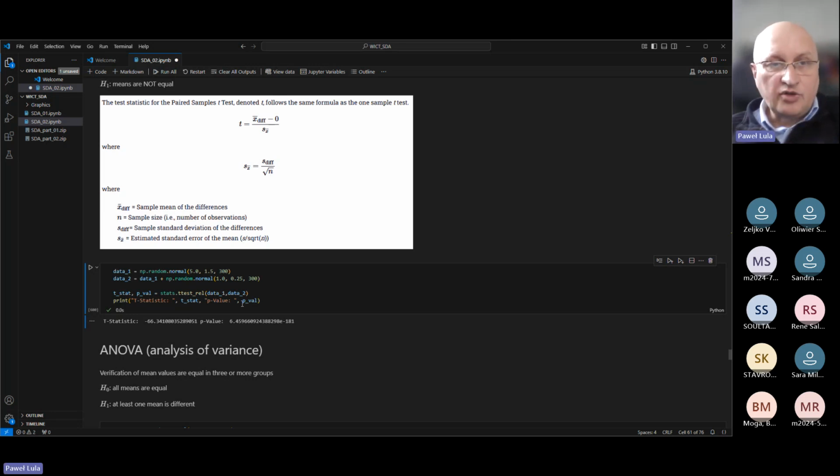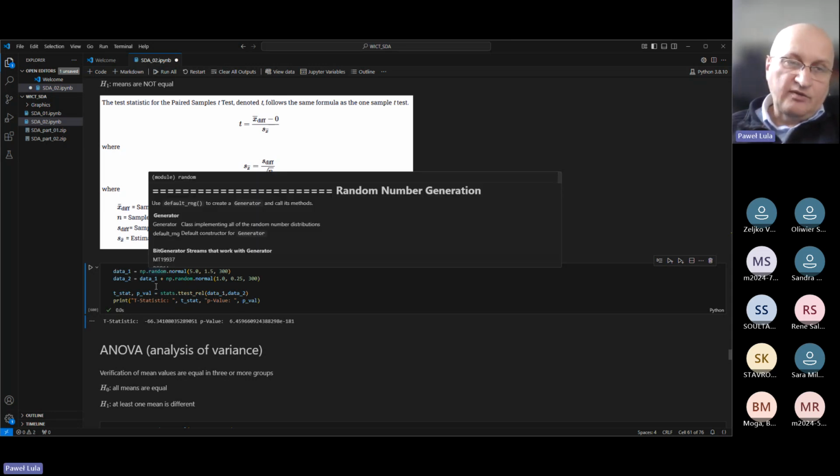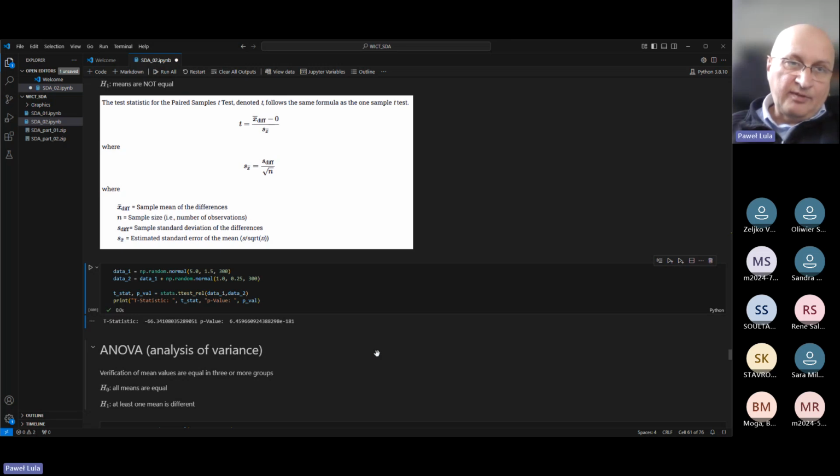The same procedure we should use, and very often we use, for analyzing the impact of medical treatment. We can measure some parameters for every person at the beginning of this treatment and at the end of this treatment. And we want to compare if the average value of these parameters is the same at the beginning and at the end.